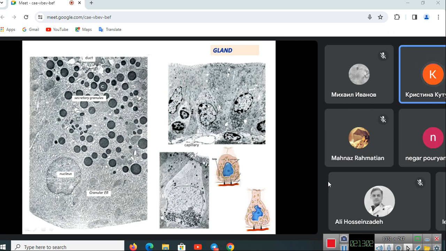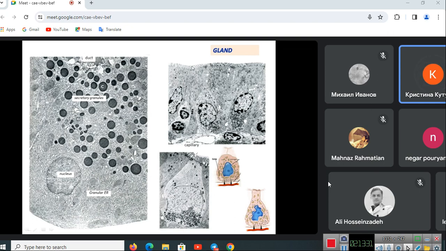And if we look at this cell, it also has secretory vesicles in its basal portion, but what is the difference between the cell below here and in the upper picture? In the picture below, our endocrine cell reaches the surface of the epithelium, but in the picture above, our endocrine cell doesn't reach the surface of the epithelium.